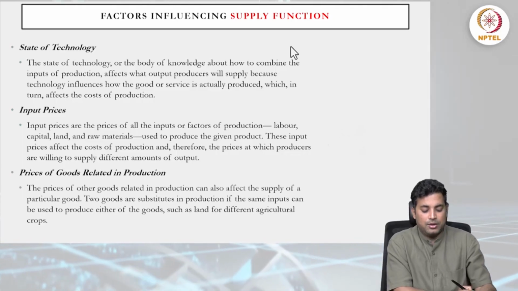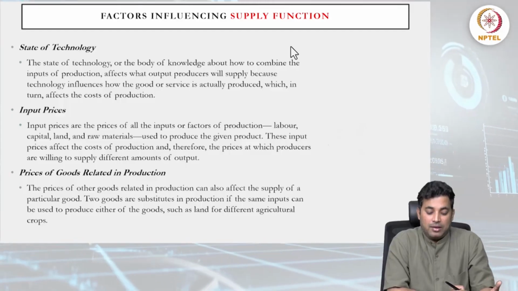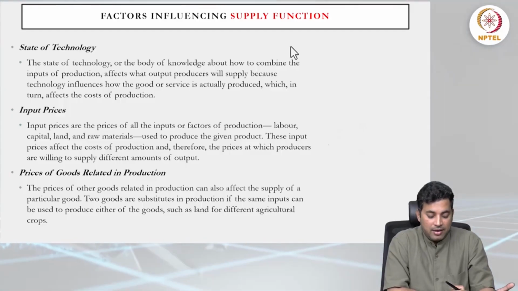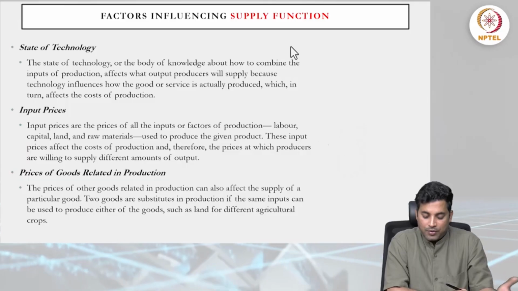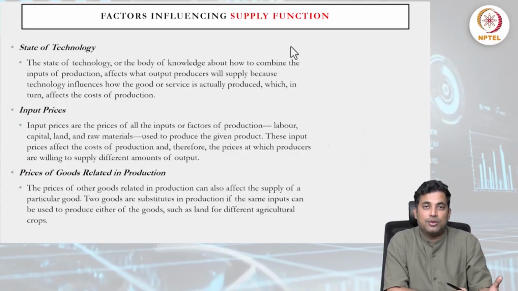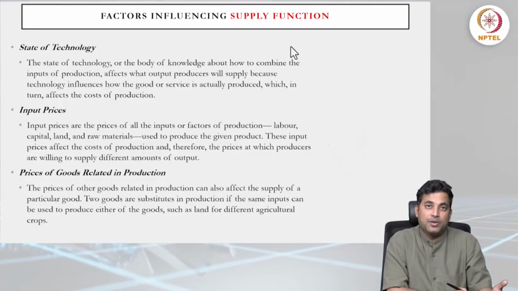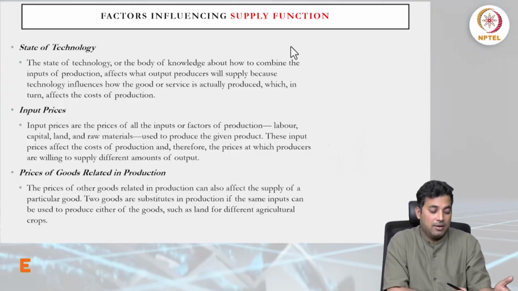Then price of goods related in production, like say land rent, if rent has increased, or other crop prices are increasing, so that also will impact the farm's or producer's supply curve.